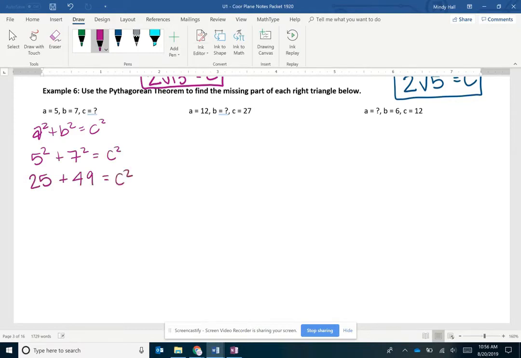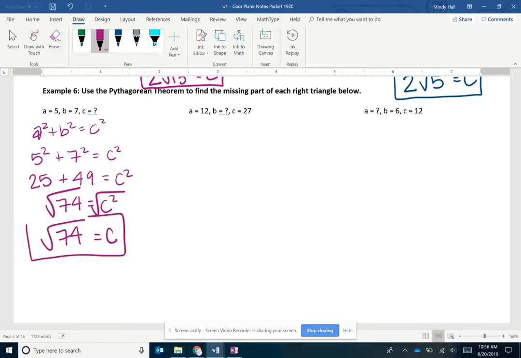And 25 plus 49 gives you 74. So then, let me do a quick check. 74 divided by 4 is a decimal. 74 divided by 16, also a decimal. And I doubt it, definitely not going to 25. So when you take the square root, there is no way to simplify it, so you just leave it as the square root of 74.